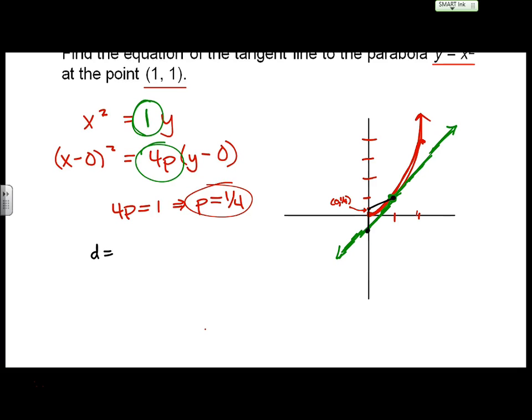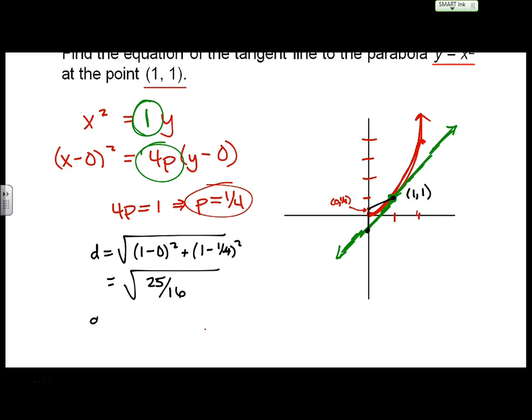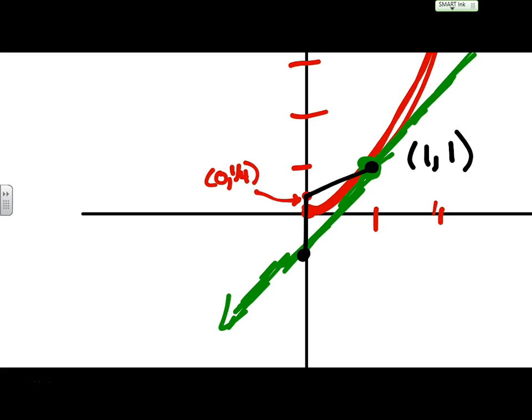Distance equals the square root of, we have the point (0, 1/4) and the point (1, 1), x2 minus x1 squared plus y2 minus y1 squared. 1 squared is 1, 3/4 squared is 9/16, so that's 25/16. So D equals 5/4.